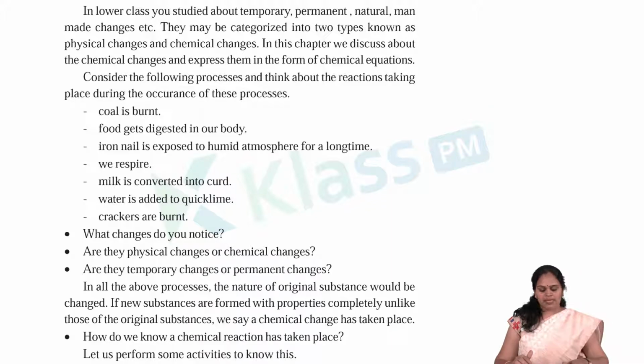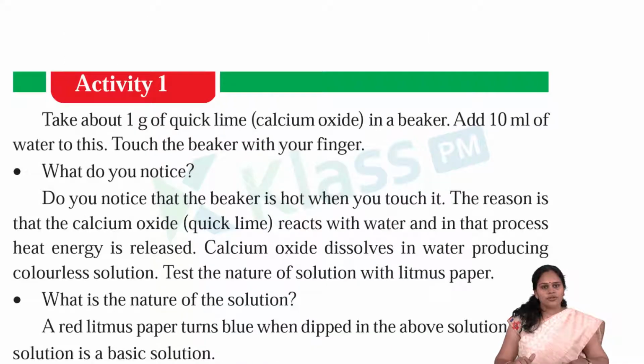How do we know a chemical reaction has taken place? To understand whether a chemical reaction has taken place or not, let us observe some activity. Take about 1 gram of quicklime, also called calcium oxide, in a beaker. Add 10 ml of water to that. After some time, if you touch the beaker with your fingers, what can you observe?